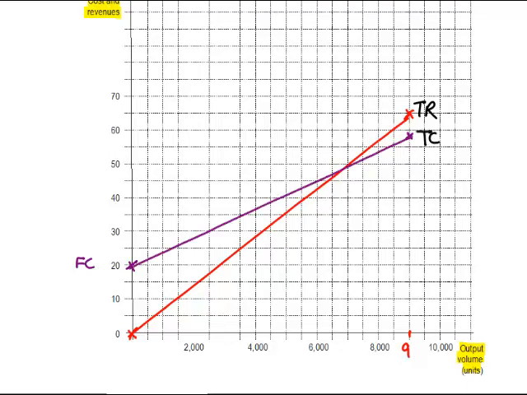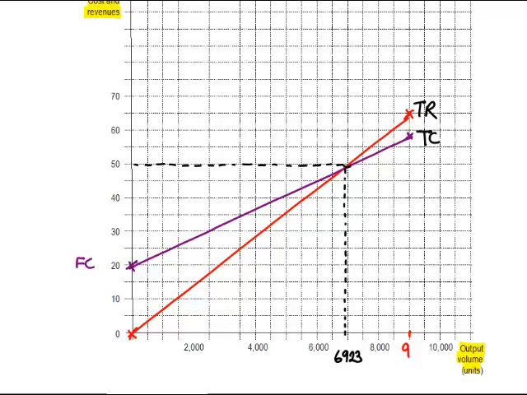Okay, so that's that line. Now, where they intersect is our break-even point. So what we should be able to do is read down to the bottom, and that should be our break-even point. Now, because of the scale, it's not going to be exact, but you can see that is in the area of 6923. We should be able to also read this across, and our break-even revenue is $50,000.